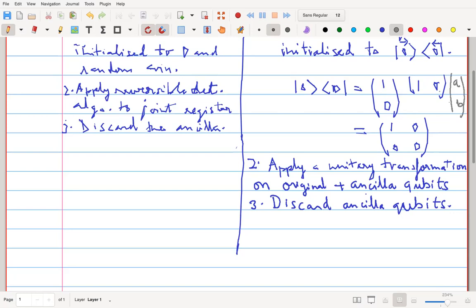This row vector is a linear map from the tuples a comma b to complex numbers, so it is a linear function. A row vector I'll interpret as a linear function. And so bra is basically a linear function.